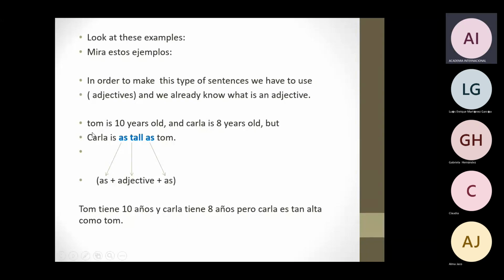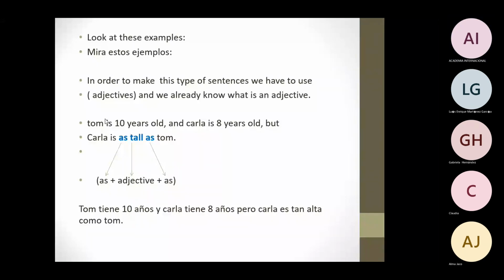Leamos el ejemplo otra vez. Tom, o digamos he is 10 years old. Recordemos que no vamos a decir Tom have, ¿verdad? Porque siempre usamos is. Cuando digo tengo 20 años, un ejemplo, I am 20 years old. Él tiene 15 años.